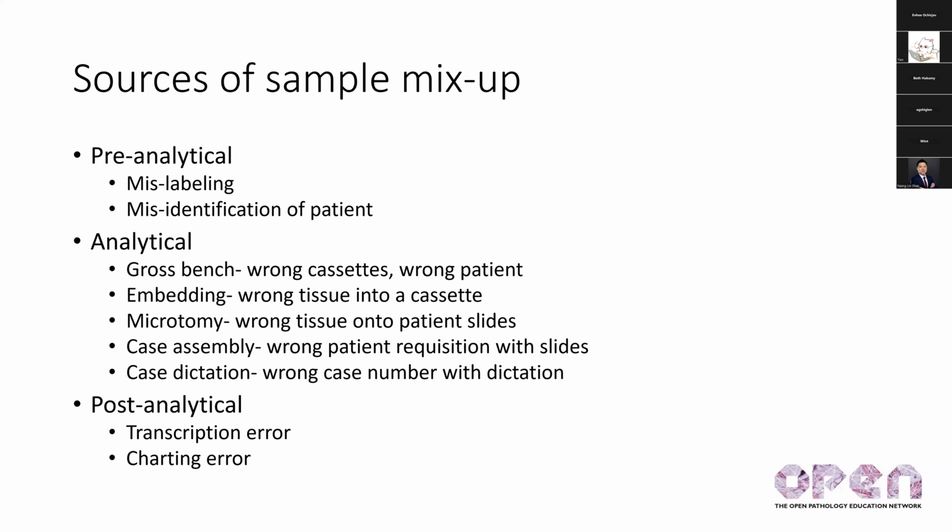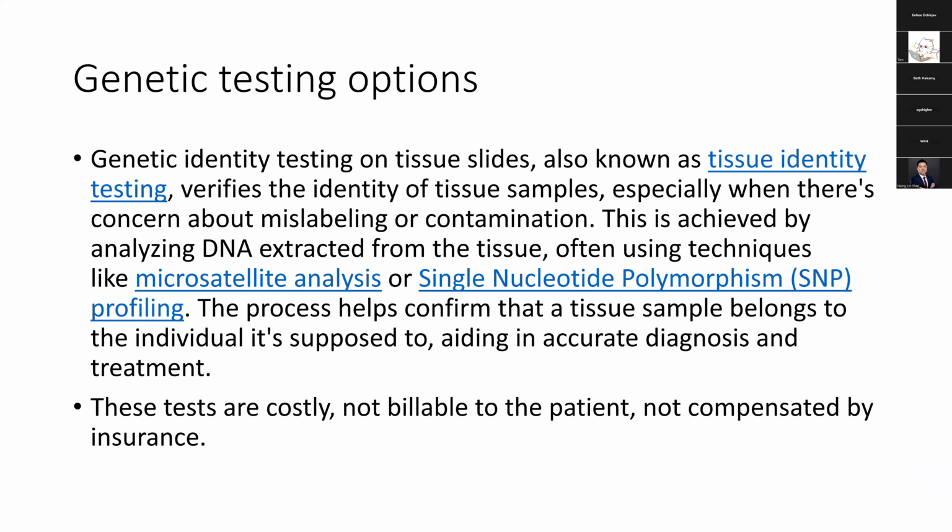And one of the ways to do that, and it's not universally available, but in this particular case, we did have the option to do genetic testing. And this is testing that can be done, so-called tissue identity testing, which is able to, on the basis of microsatellites or single nucleotide polymorphisms, et cetera, to characterize whether things are a match or not a match.